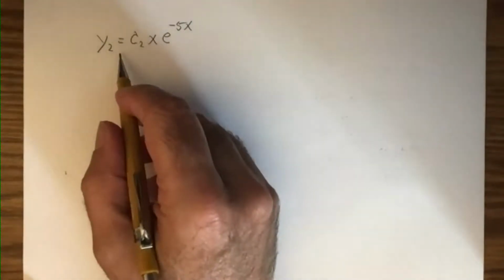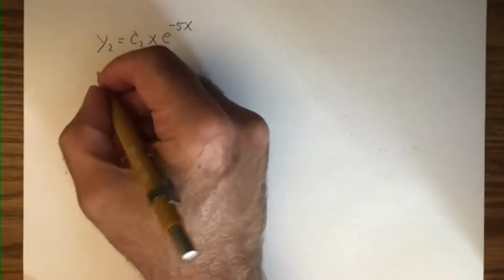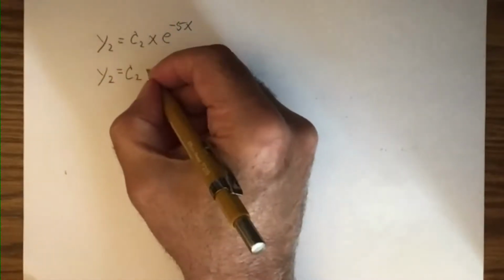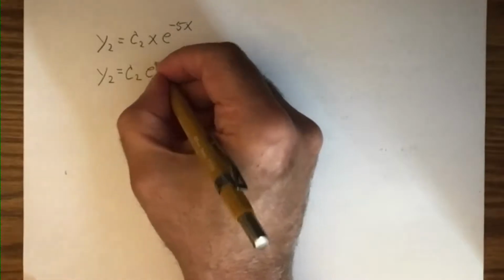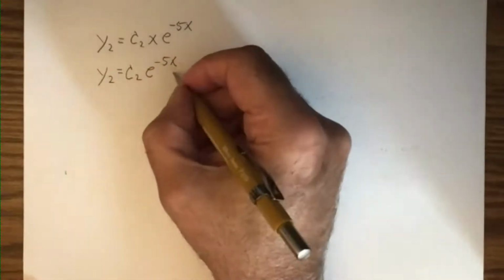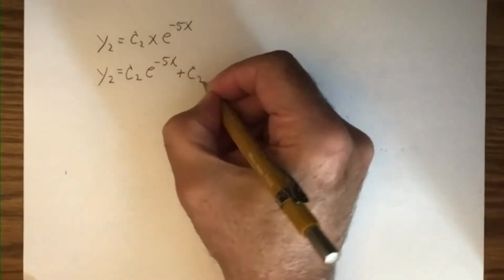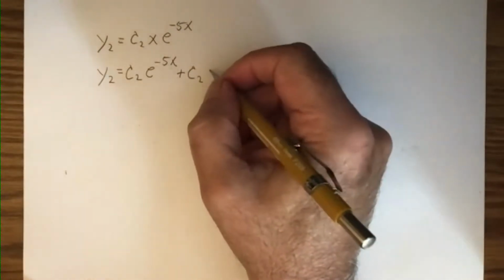All right. So that's my y2. Let's first take the derivative of this. Let's see, I've got to use the product rule, right? So maybe C2. I could have left out the C2s.